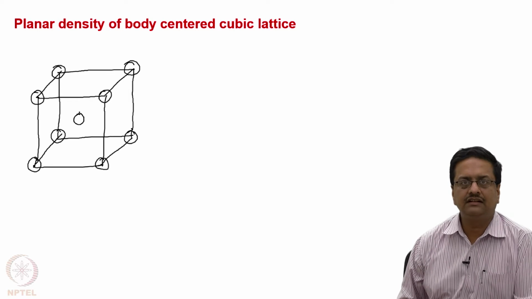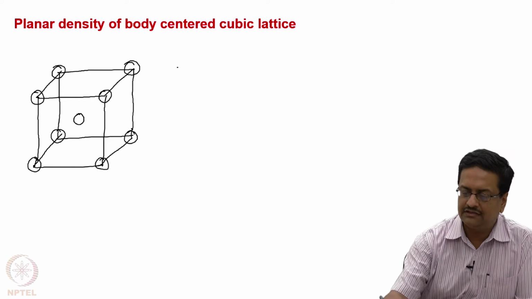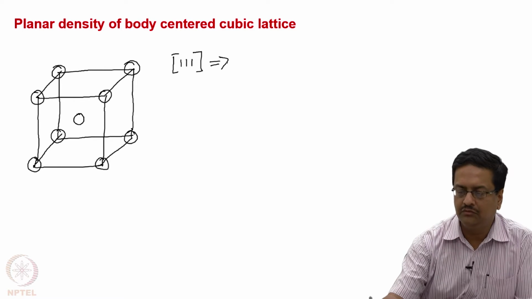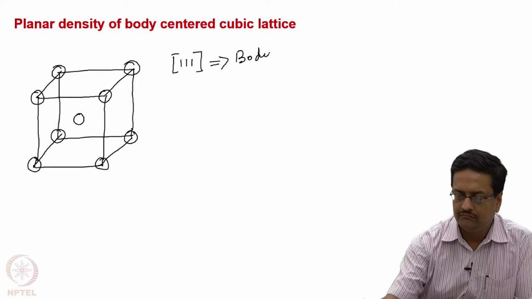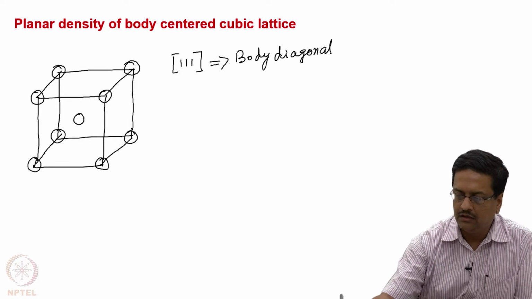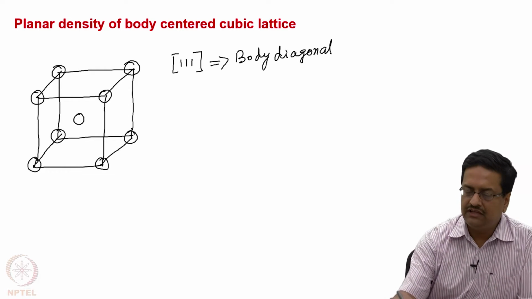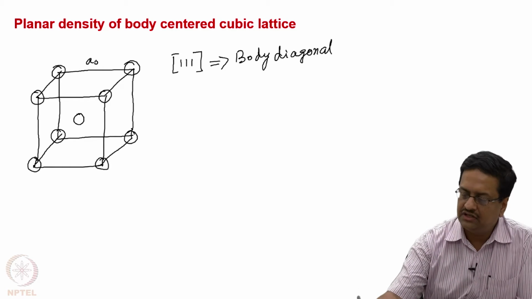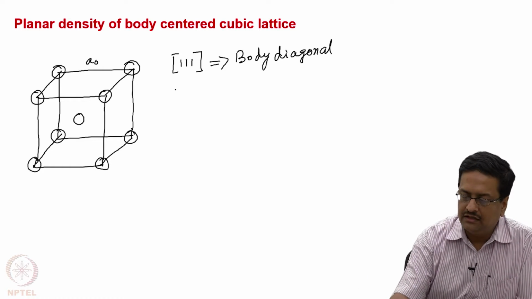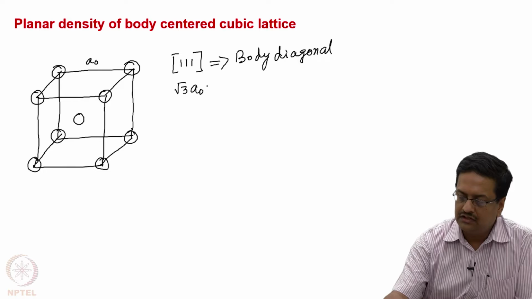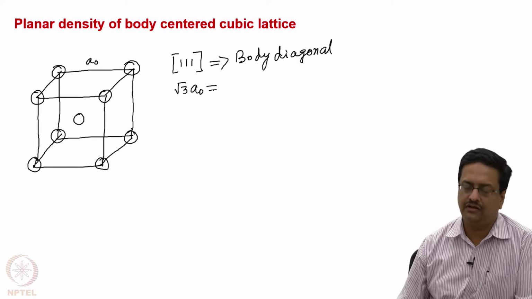In the case of the body-centered lattice, the close-packed direction is the 1 1 1 direction, that is the body diagonal. So if the edge length is A or A0, the body diagonal is root 3 A0, and it is close packed along the body diagonal.